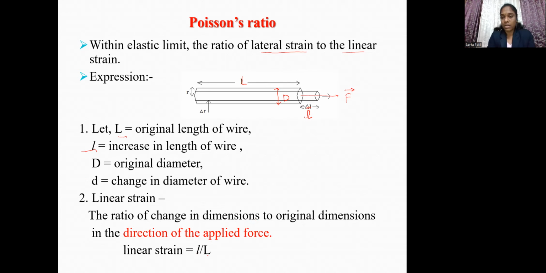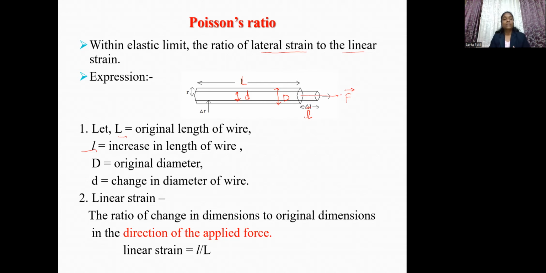Now, due to applied force, when the length of the wire increases, the diameter of the wire also decreases. This is the decrease in diameter of the wire, small d. This decrease in diameter takes place in a direction perpendicular to the applied force.